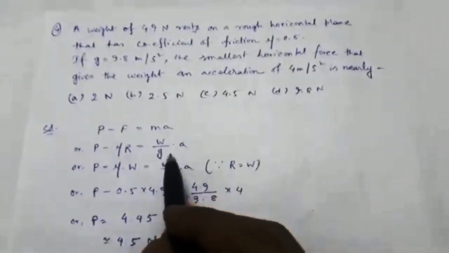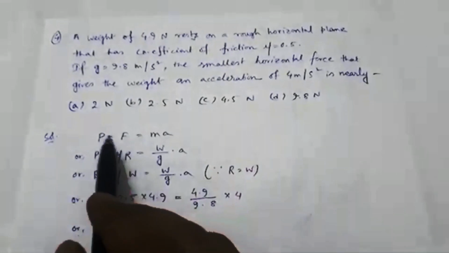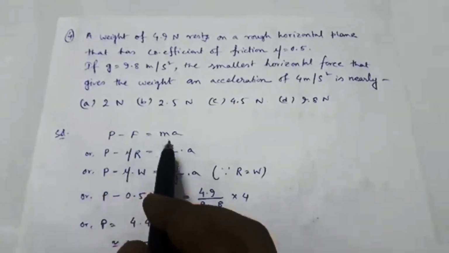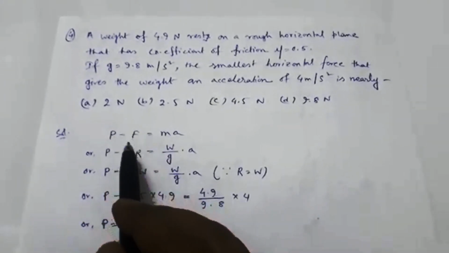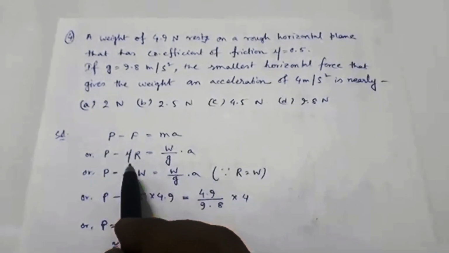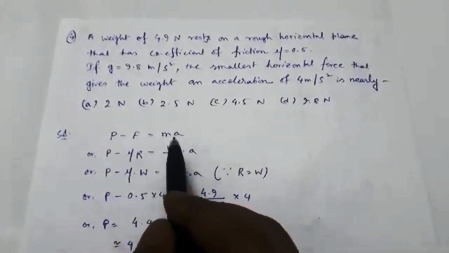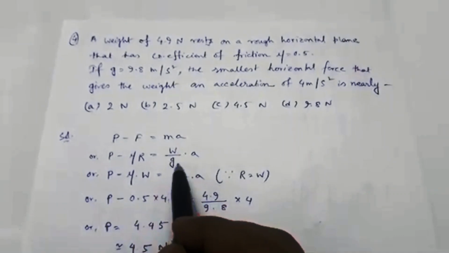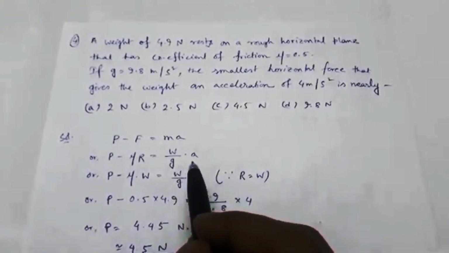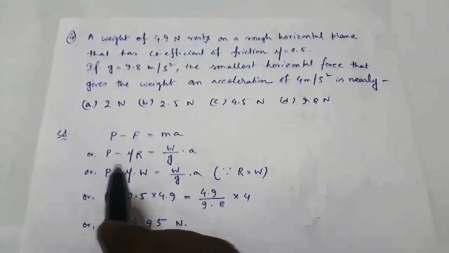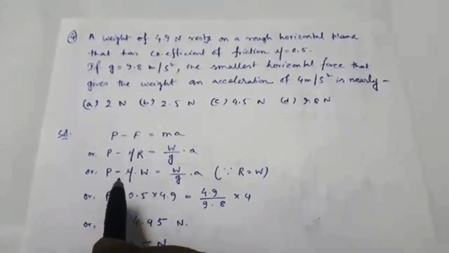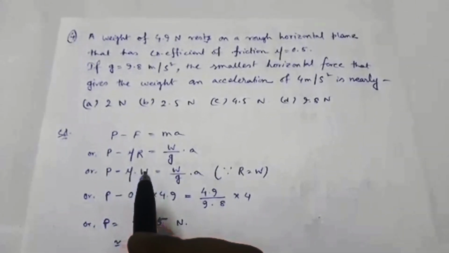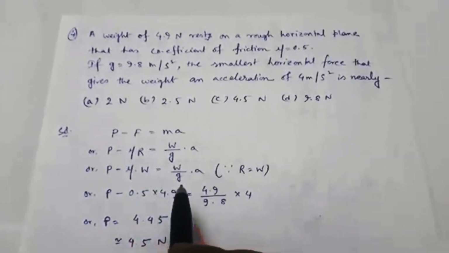Okay, so from this problem, P minus F equal to MA. In place of F, we write mu R. In place of M, we write W by G. And from this, P minus mu W, because normal reaction is equal to the weight of the body W, equals W by g into a.